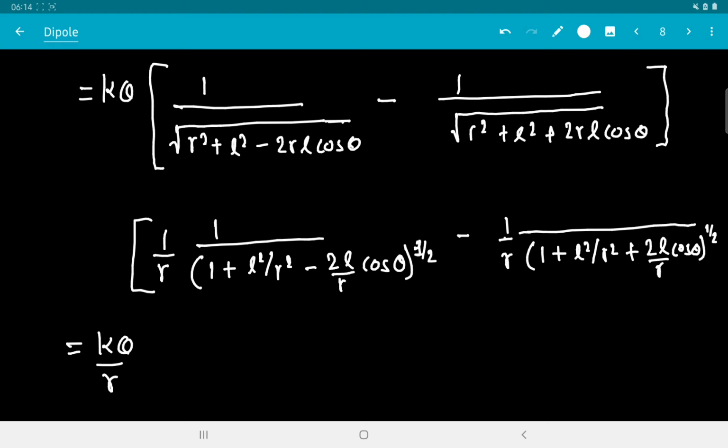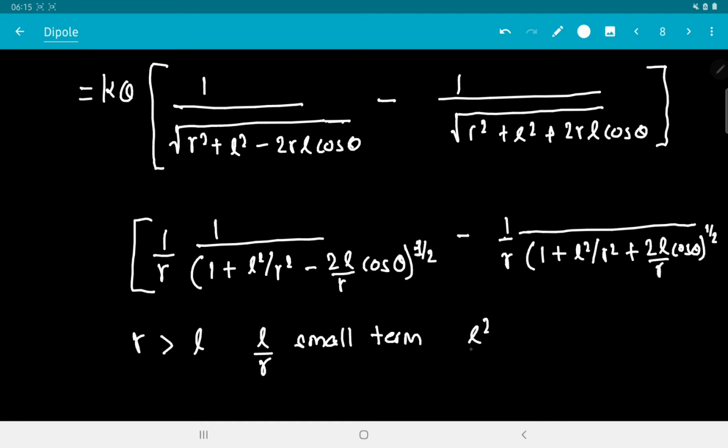If we consider r at a larger distance from this L, we know that this L by r is going to be a small term, and L squared by r squared is going to be very, very small compared to 1. So we can ignore this L squared by r squared.